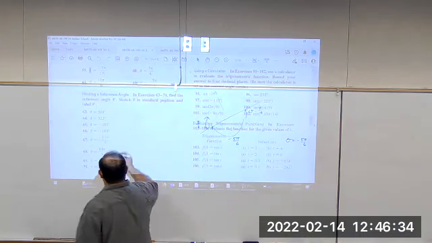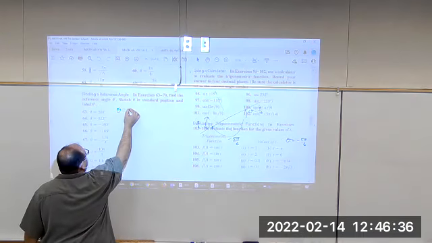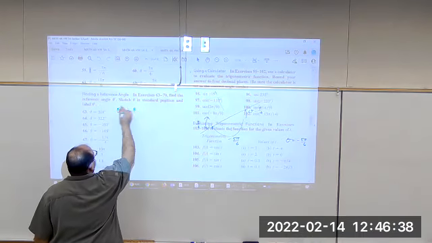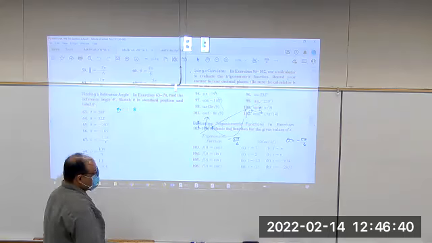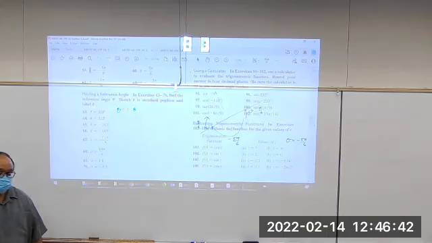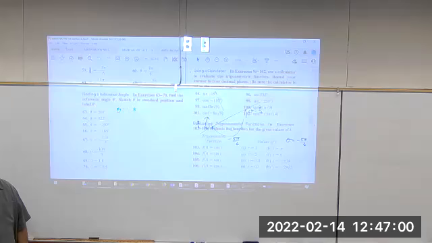So 69, the original angle is 1.8. Now is that radians or degrees? Because there's no degree symbol, correct? It's radians. What quadrant is it? Quadrant 2.